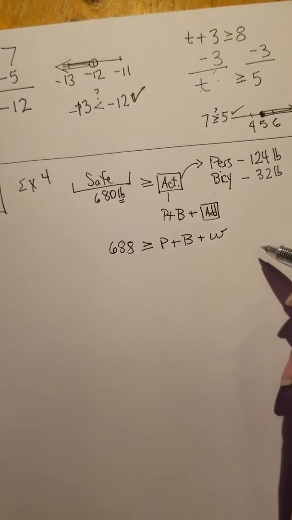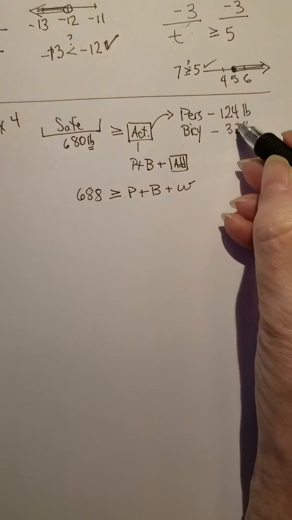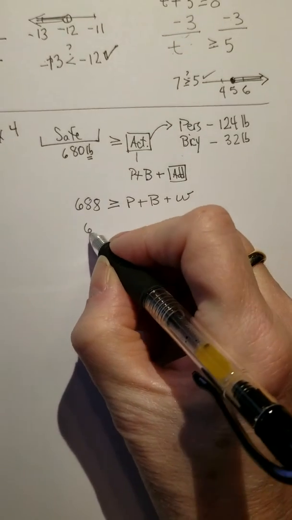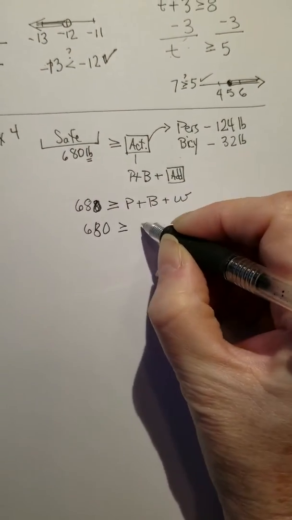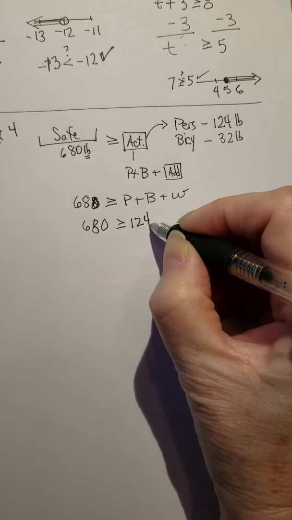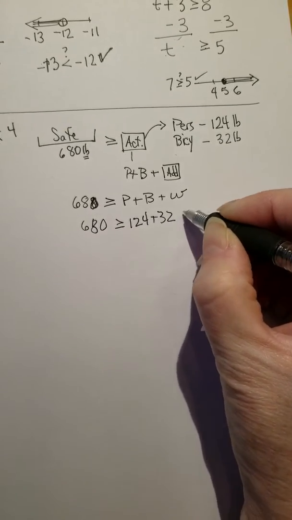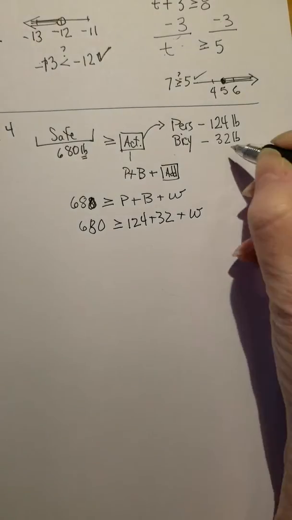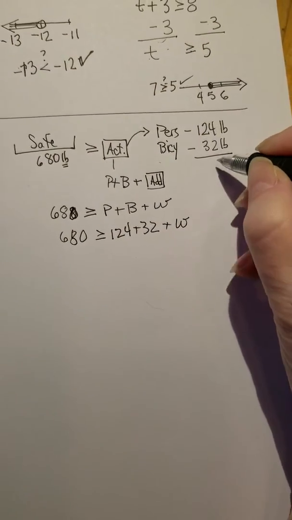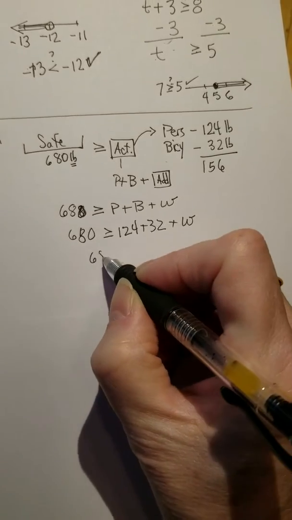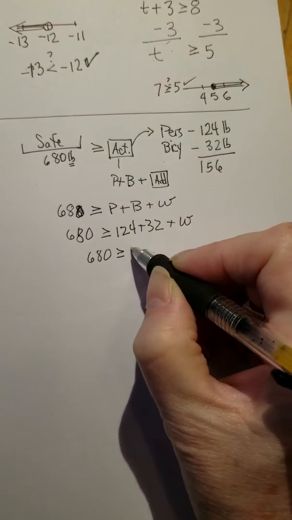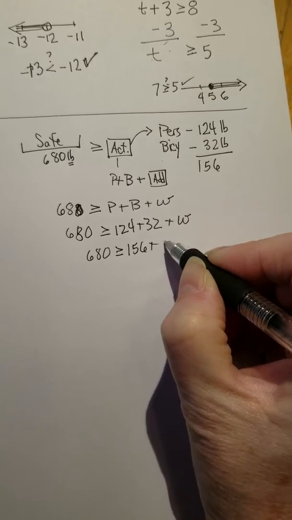They also made it backwards from that. So I plug in my real numbers, and I have 680 is greater than or equal to 124 plus 32 plus extra weight. I'm going to add this up here. 156. So 680 is greater than or equal to 156 plus W.